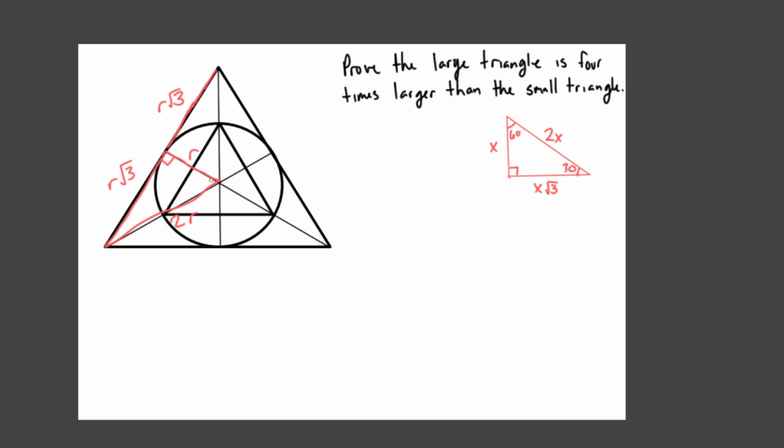Knowing this, I have the base of my triangle, which is going to be 2 radius square root of 3, because I have 2 of those. That's the base. The height of this is going to be this radius here plus this section here, which we've already found, which is 2r. So this is the base of my triangle multiplied by the height of my triangle.